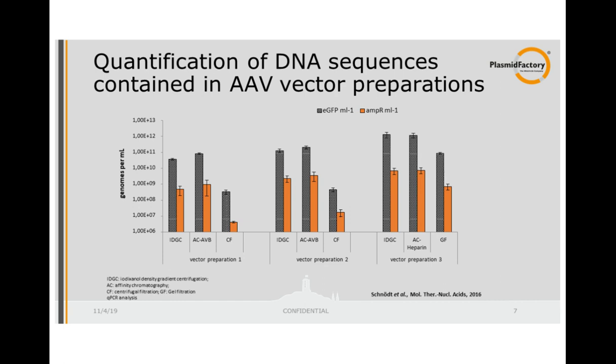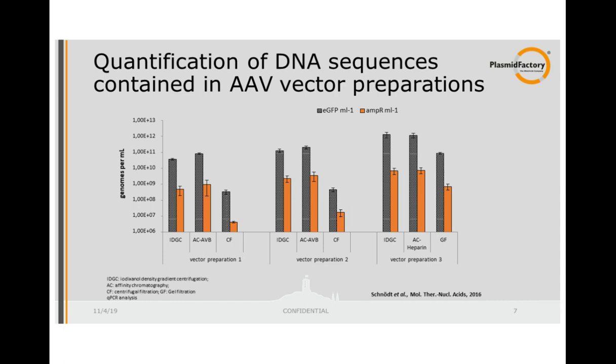And what we did in collaboration with colleagues from Cologne and Hanover is that we analyzed these viral particles, and it turned out that, of course, as expected, within the viral particles there is a lot of GFP. So the majority of these viral particles contains the GFP in a quantitative PCR assay.